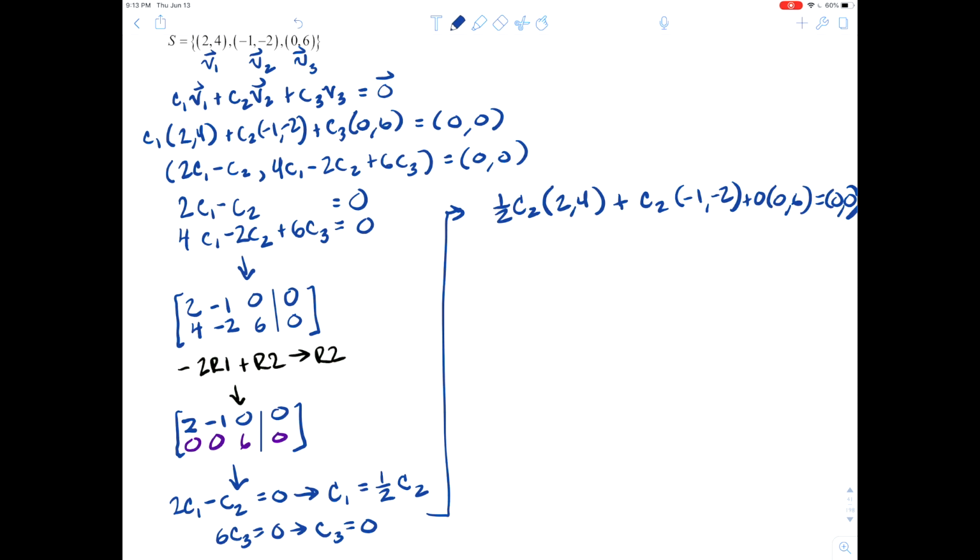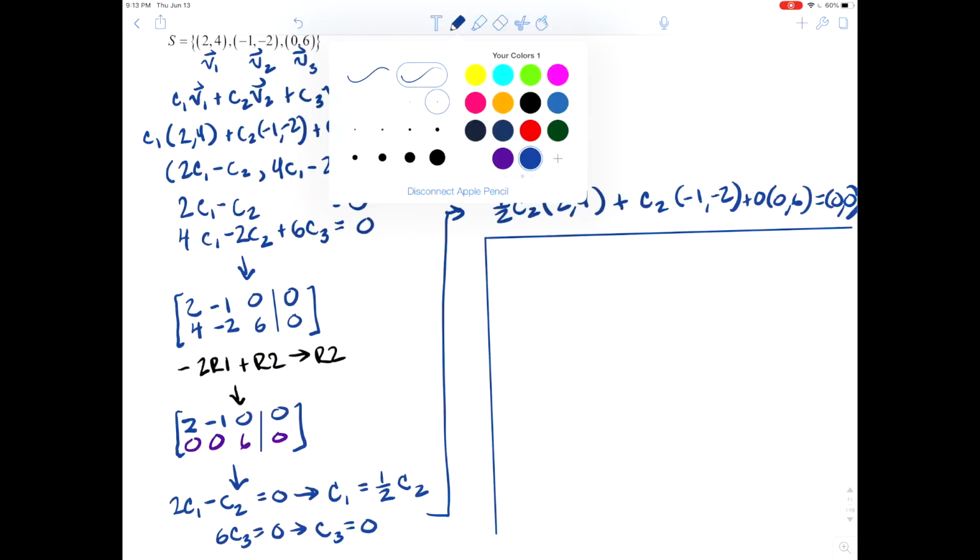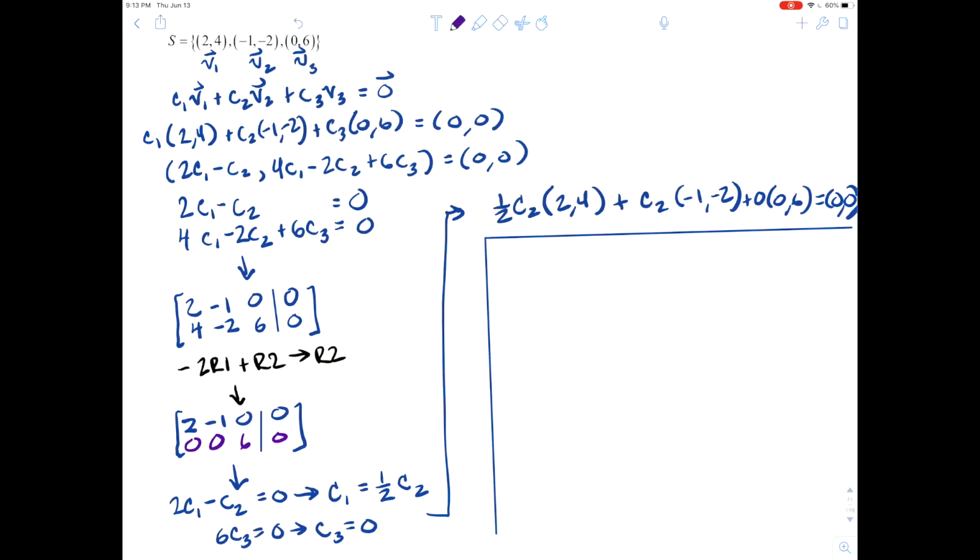Let's see if we can. So we'll do this one in another color. Let's say we have C1 times our 2, 4 plus C2 times our -1, -2, and let's set that equal to 0, 6 and see if we get something that'll work.